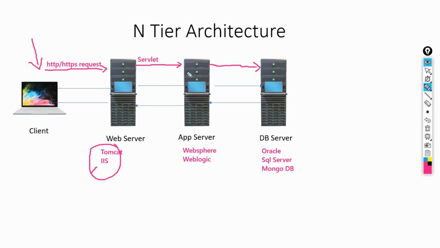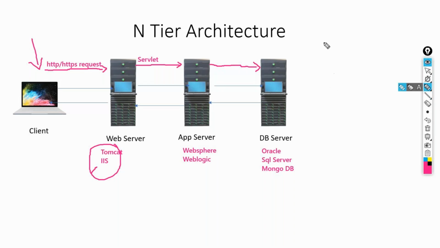The application server is one of the important servers here, in which the entire business logic will be stored or reside. Okay, and then if required, it will forward that request to the database server to fetch some data or to validate some data or whatever it is.